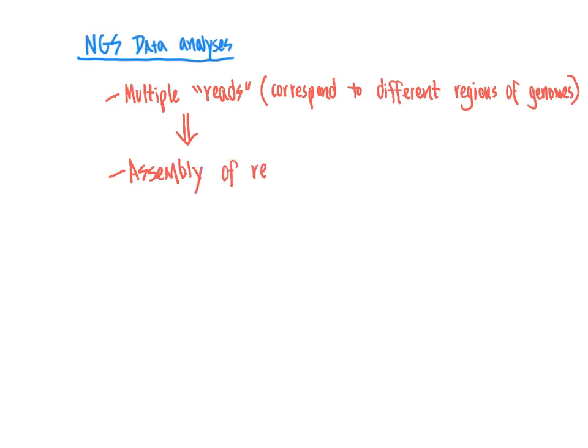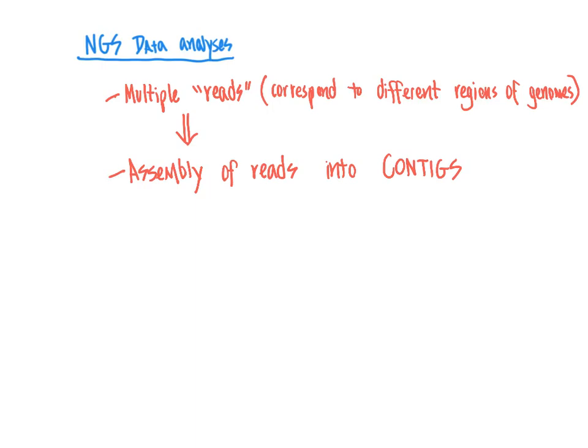So what happens then is, assisted with software, the individual reads are assembled into what's referred to as contigs. The contig is what is formed by linking together multiple reads into a longer continuous DNA sequence.